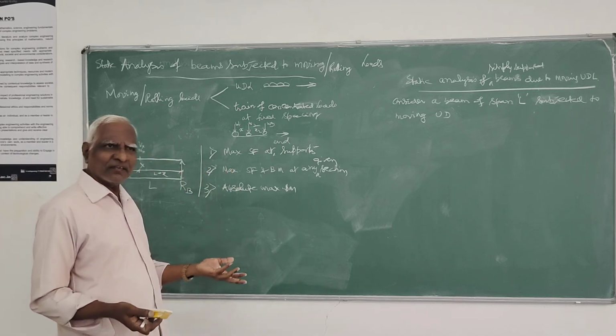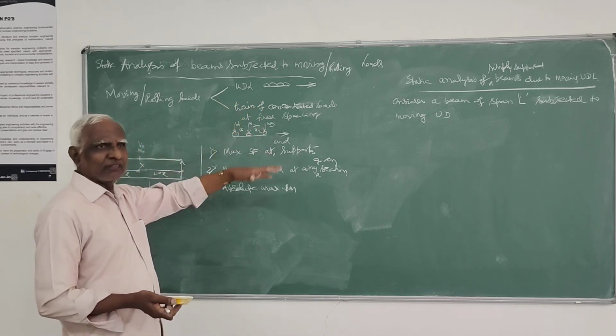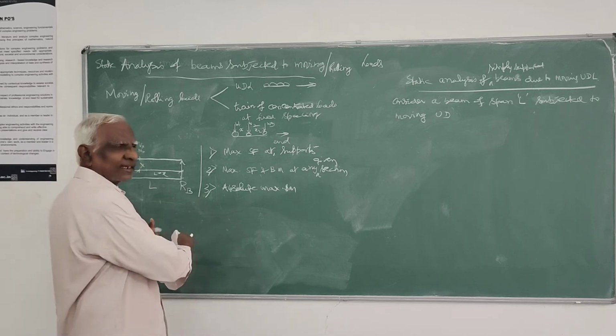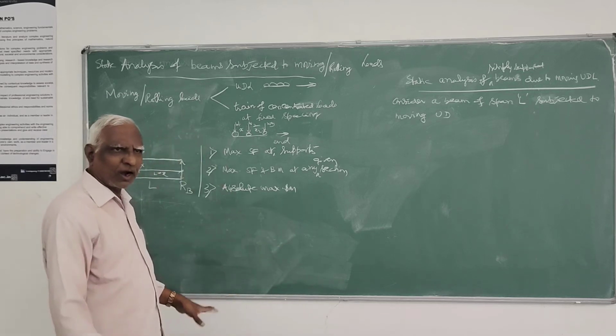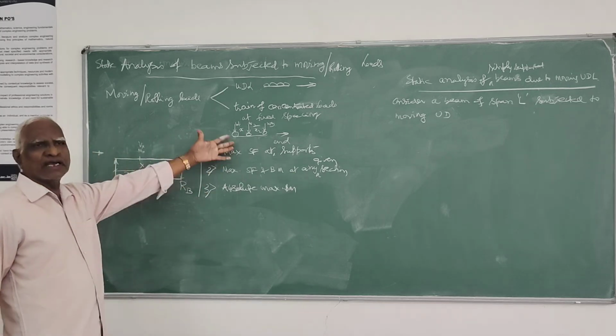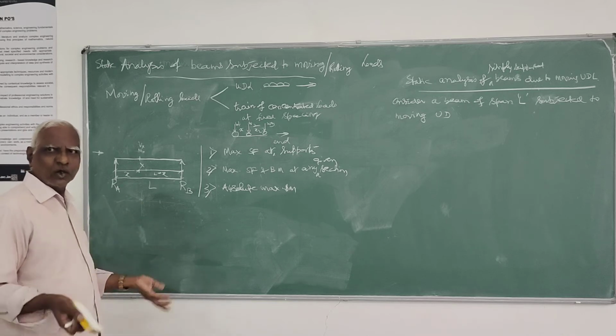If it is greater, then there is no problem in positioning the UDL. When it is greater than the span, the critical case is that the entire UDL has to occupy the beam span in order to achieve the maximum values. That's obvious, a well-known thing.